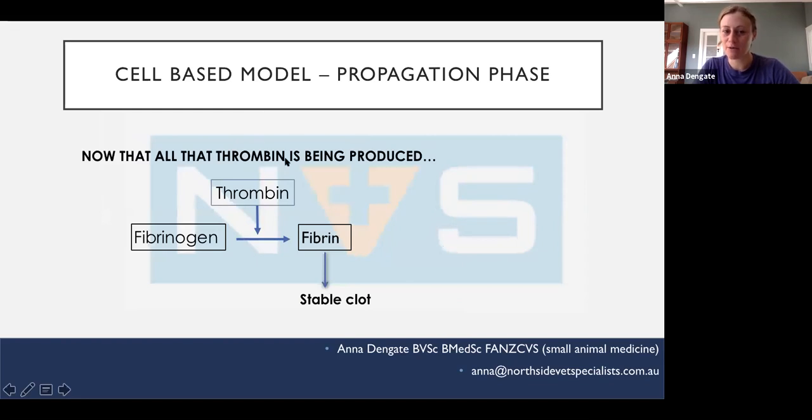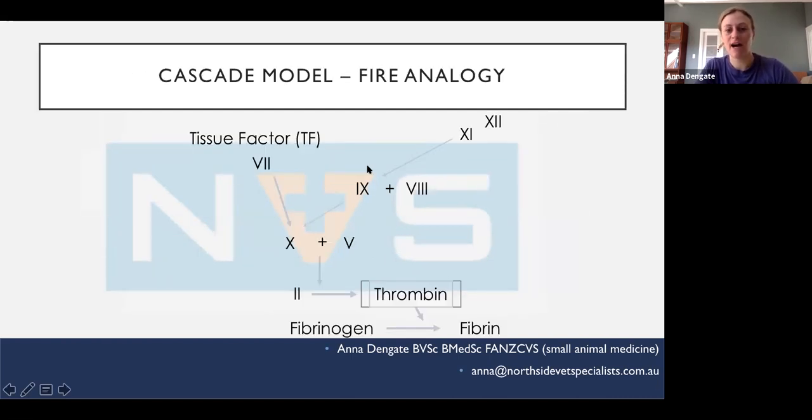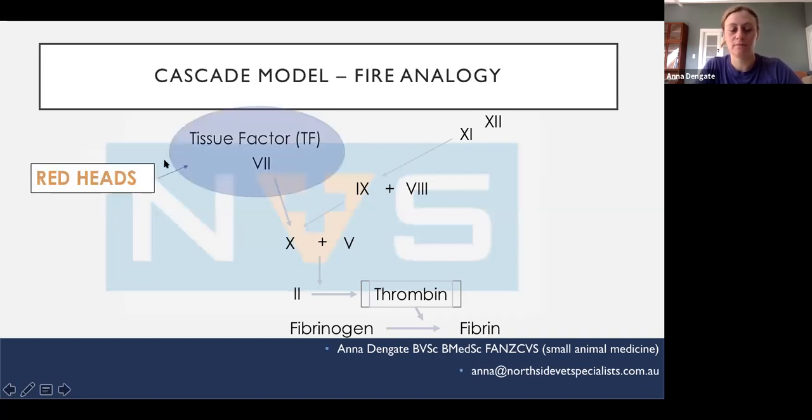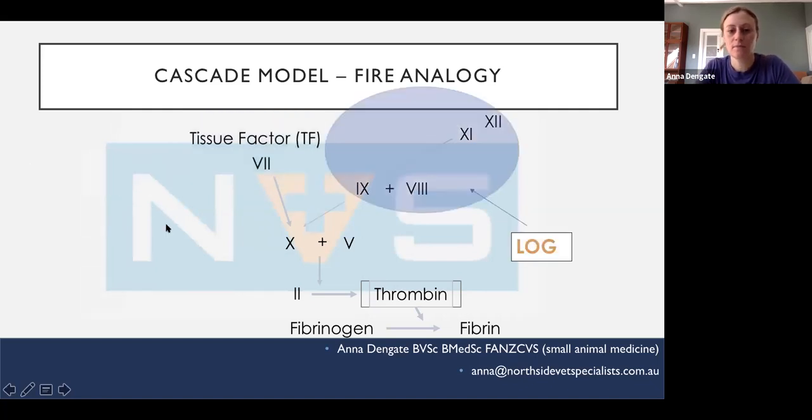So now what does that thrombin do? We know what it does. It produces fibrin and it produces a stable clot. So if we then look at that fire analogy we talked about, we've got tissue factor, or the extrinsic pathway, being those redhead matches. We've got the intrinsic factor being just a wet log.